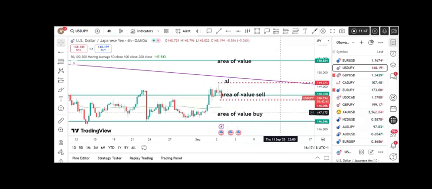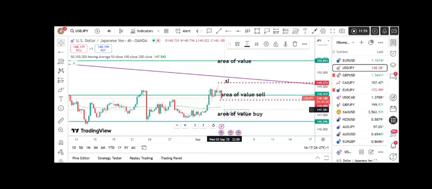Then at what point can you exit the trade if you are right? That means your take profit. So you can leave the take profit here, TP. Your TP can be somewhere close to this area. It's a short trade.